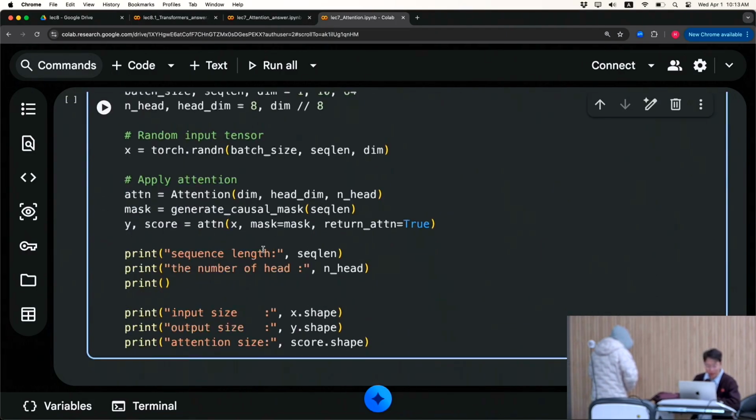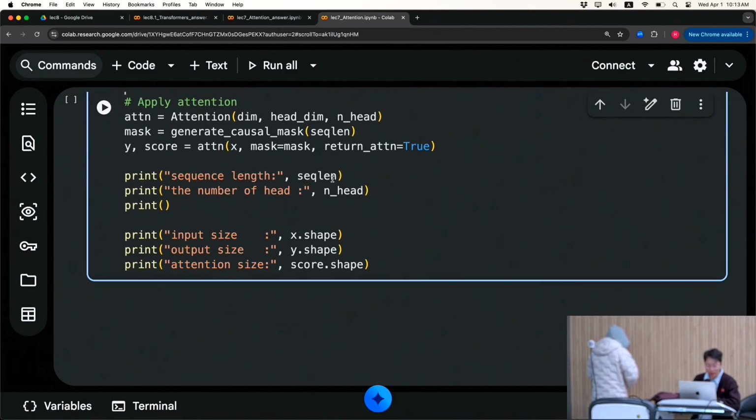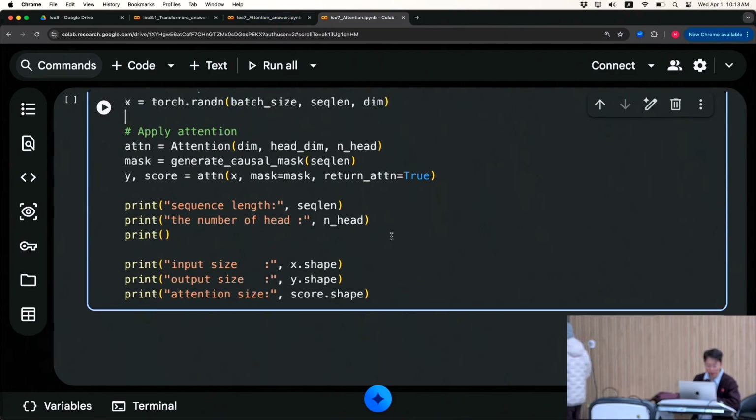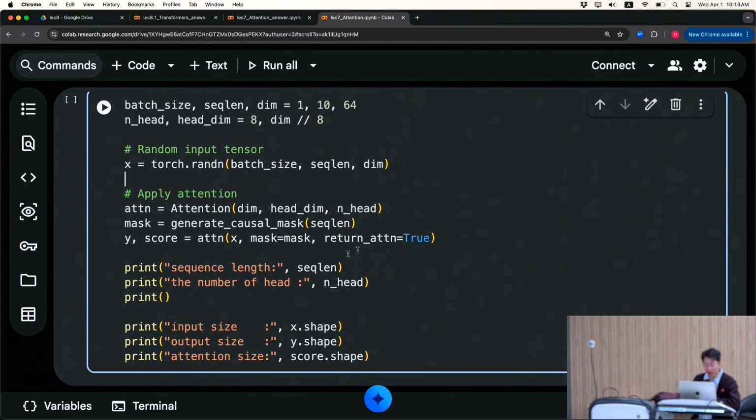Okay, what is the expected output here? Sequence length is 10, number of heads is 8, input size is 1 by 10 by 64. Output size is supposed to be what? Right, same as input: 1 by 10 by 64.